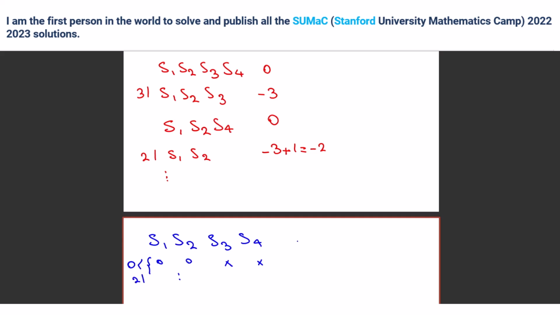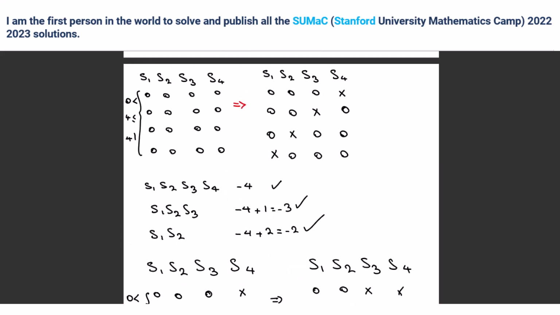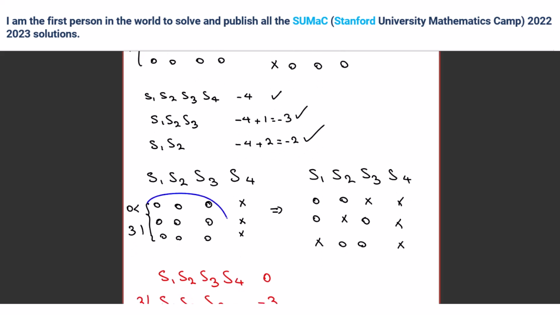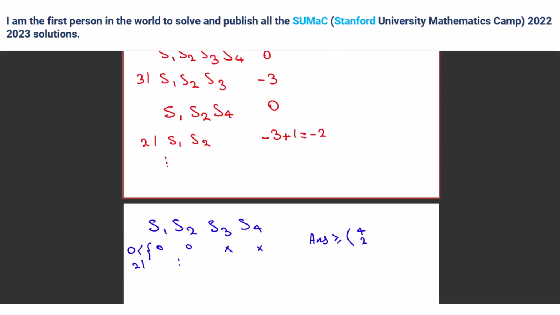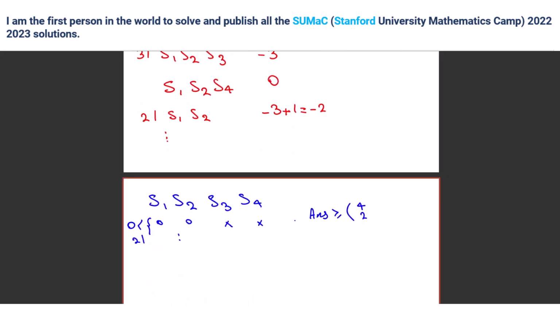So it is at least 2. So the number of the answer here is at least 4 choose 2. And when you do this, you don't change the number of elements. You remove 3 elements, you add 3 other elements, right? So you don't change the number of elements. At the end, the answer is at least 4 choose 2 times 2, which is exactly 2n choose n times n. Understand?